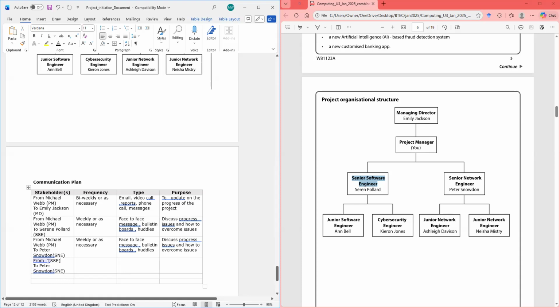And then we have junior network engineer, which would be Anbel. Anbel to Peter. That, and it would be daily.